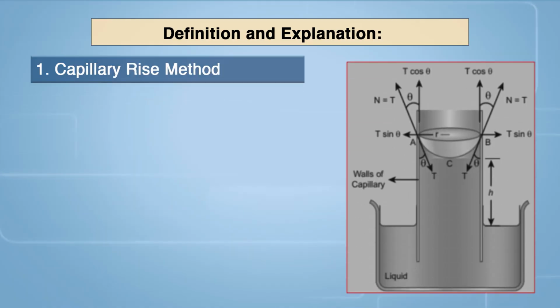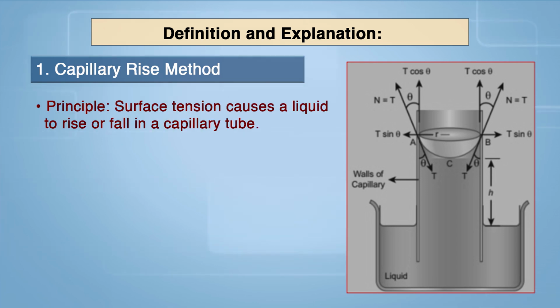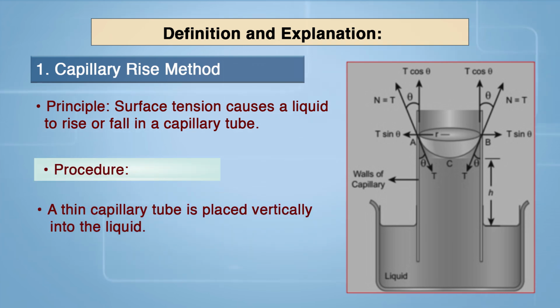One is capillary rise method, based on the principle that surface tension causes a liquid to rise or fall in a capillary tube. You can see it in the figure. Procedure of the method is a thin capillary tube is placed vertically into the liquid.